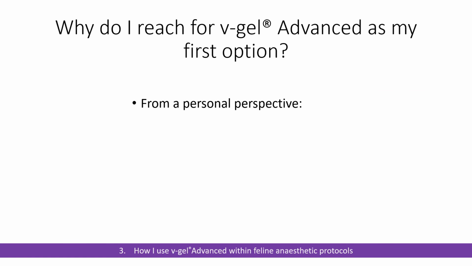So for me, why would I want to reach for V-Gel advanced devices? Of course, I've got the option to use endotracheal tubes, or the original V-Gels, or the V-Gel advanced devices. From a personal perspective, there are two things that I look at in day-to-day clinical practice. It's this reduced trauma. I know what an endotracheal tube does to the larynx and trachea.